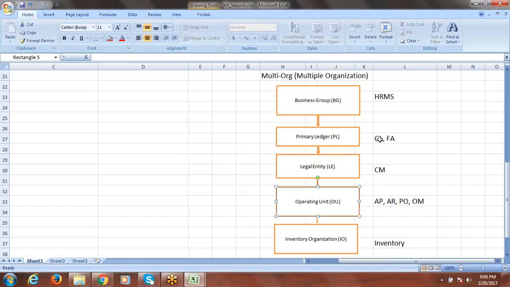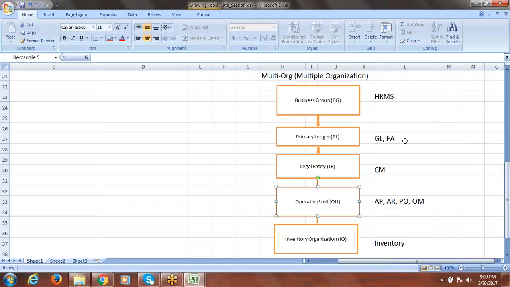GL is the place to generate the reports, but the actual source of the transaction is the operating unit only. We record all the transactions at operating unit level with the help of different applications. Even if you are preparing the reports in GL, those will always refer to which operating unit the transactions belong to, as well as which transaction.